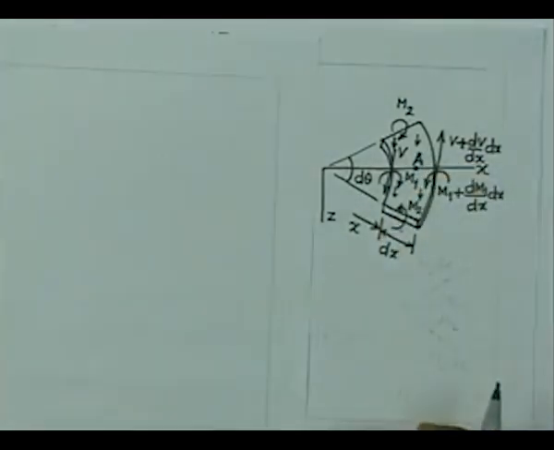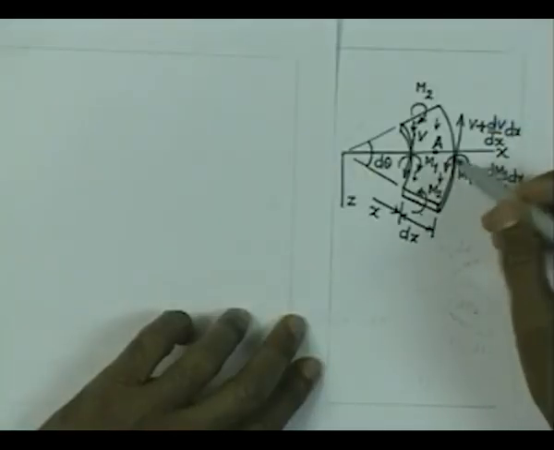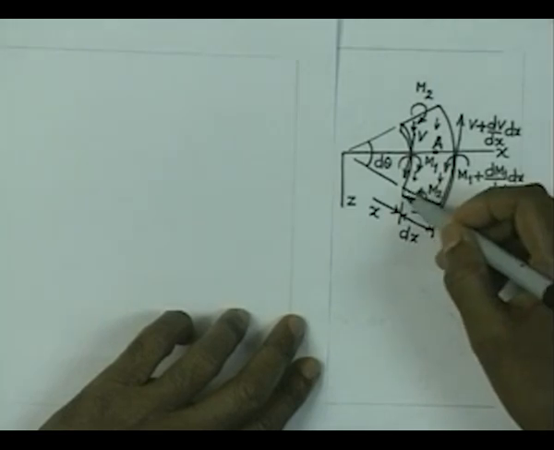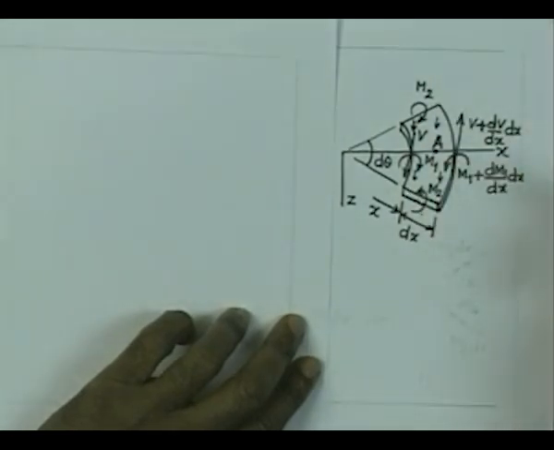So, now if these are the forces acting on the plate element, it must be in equilibrium, and let us see what we get by considering the equilibrium of this element under the action of the various forces. So, we have got all the forces acting on the element. Now, can you just think about what about the shear forces coming up on these faces?